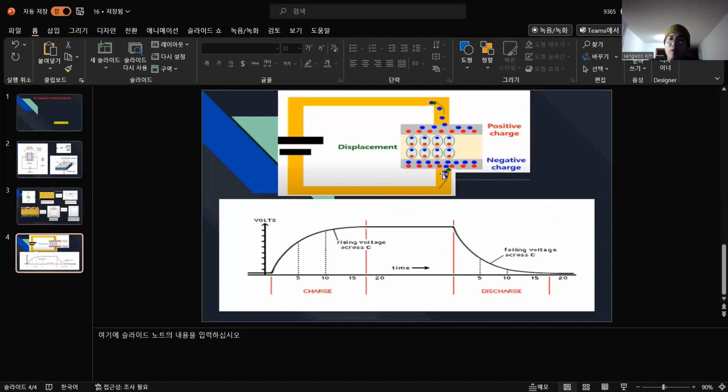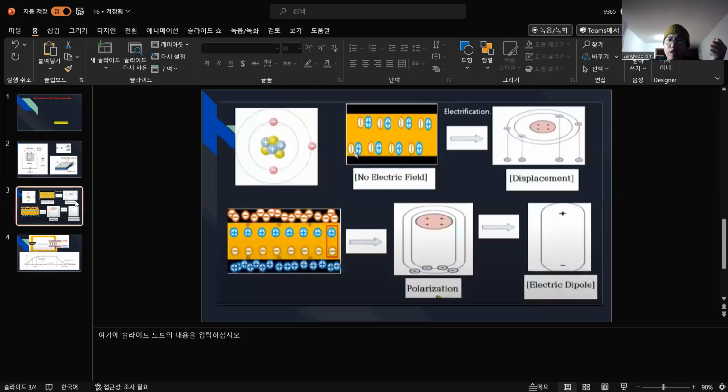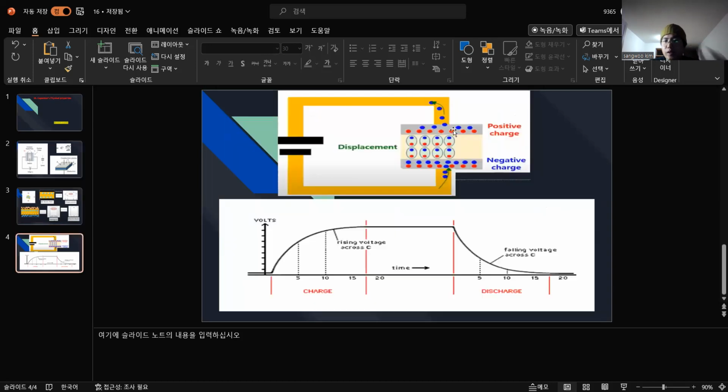At first it was neutral, but because of the displacement, look at the picture. The negative electrons move, but the positive part is heavy, so it doesn't move. This makes a polarization, which means these electrons come through the circuit like this. So this is the basic concept of the capacitor.